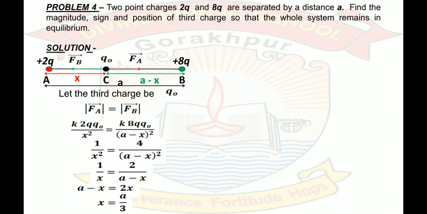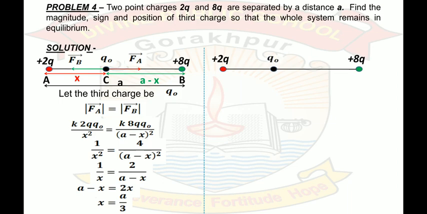Now we have to discuss the equilibrium of the whole system, means the given charges 2q and 8q. Let us discuss that. Now let us make the diagram. The charge plus 2q is given, plus charge 8q is given, and the separation between them is given.